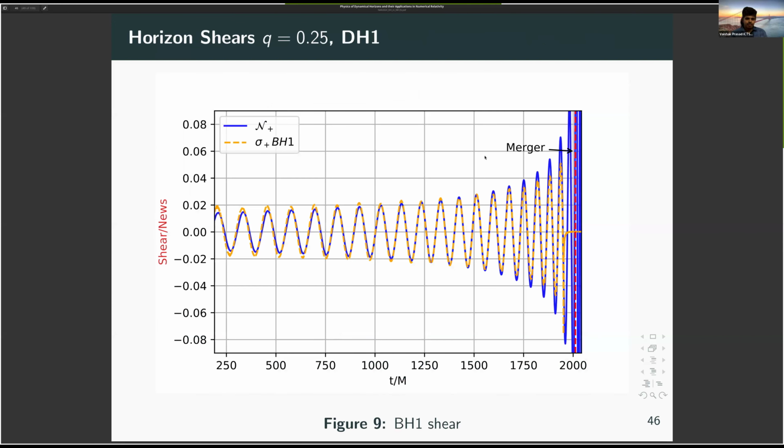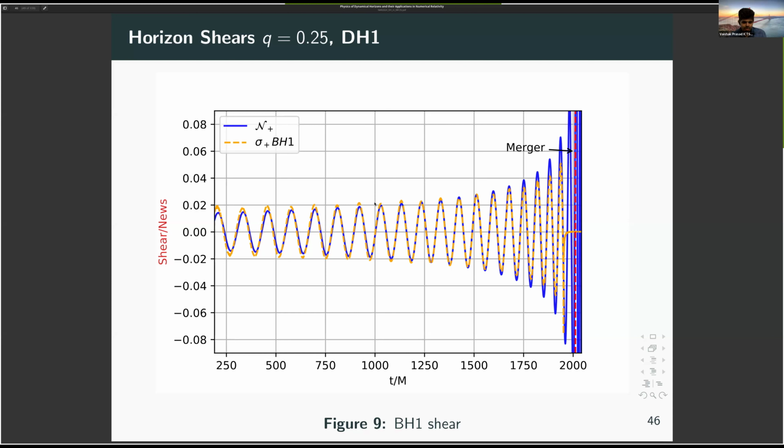So here is a result. What is shown in blue is the News function received at infinity, which is computed from the numerical simulation. And what you see in orange is the shear on one of the two dynamical horizons in the inspiral phase of a binary black hole merger. And as you can see, once you align them suitably by a time shift and a phase shift, they seem to agree excellently.